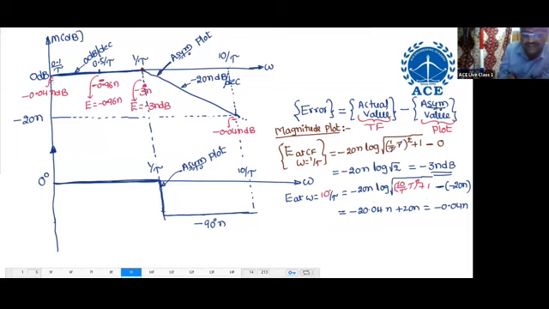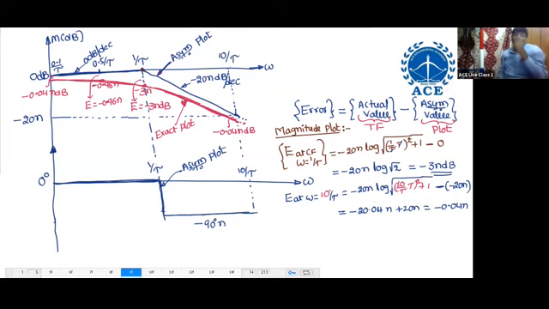Now join all these lines. This is called the exact plot. But we never draw the exact plot in the exam.